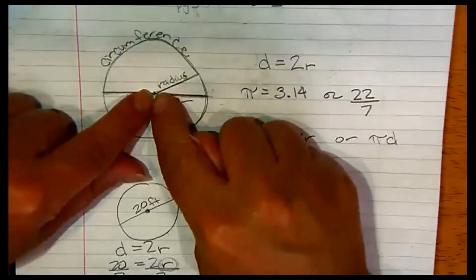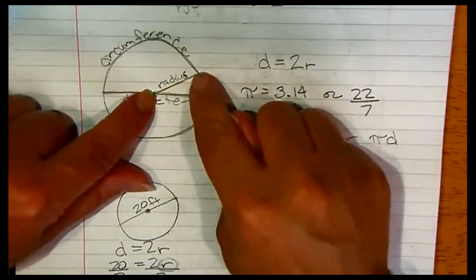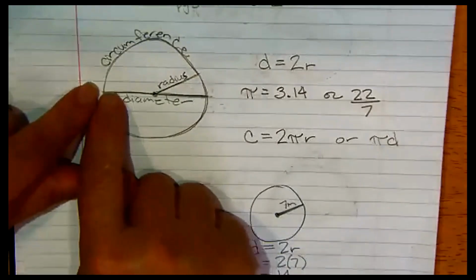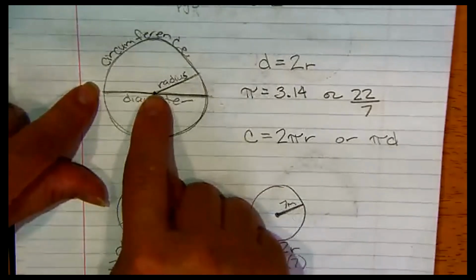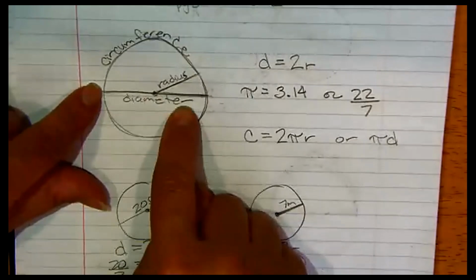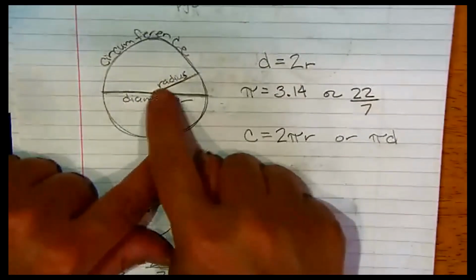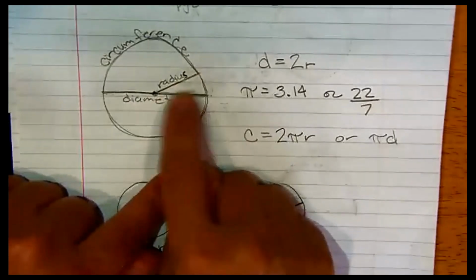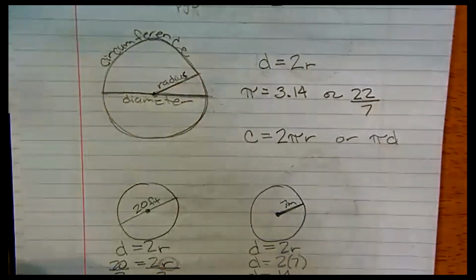From the center of the circle to the outside edge is called the radius. A line segment that cuts or bisects a circle and goes through the center is called a diameter. The diameter is equal to 2 radii.